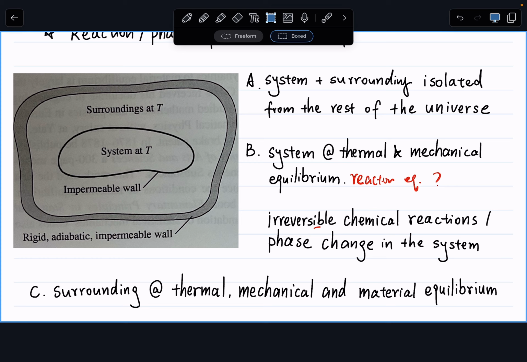Thirdly, we say that the surrounding itself is at thermal, mechanical, and chemical or material equilibrium. So the surrounding itself is at full thermodynamic equilibrium. So we can rewrite my dS surrounding equals dQ reversible over T, because for the surrounding, the dQ itself is reversible.